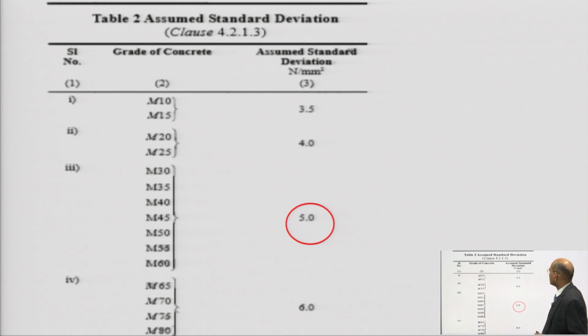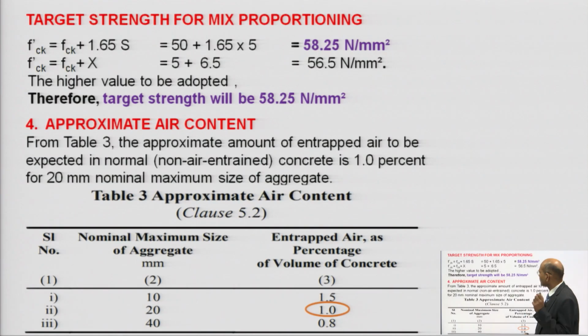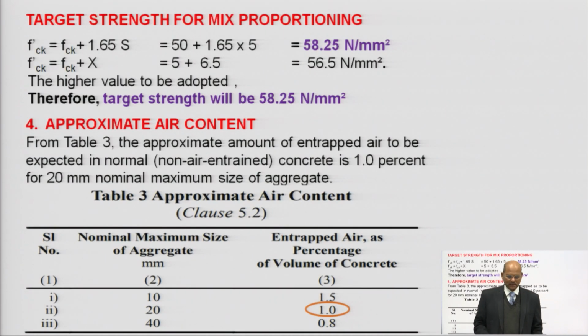And for the assumed standard deviation, for M30 to M60 grade concrete we have to take a standard deviation of 5. So, the S value we have taken is 5, and then we calculate the target strength for mix proportioning.